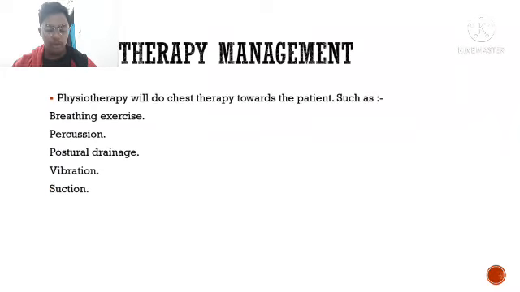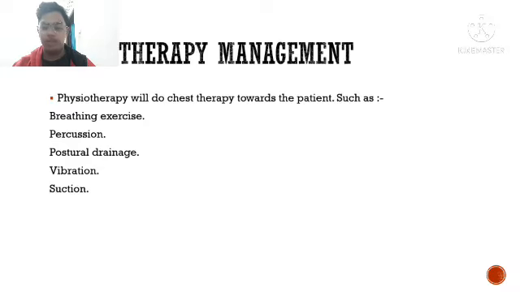For physio management, physiotherapy will do chest therapy for patients who have this kind of disease, such as breathing exercise, percussion, postural drainage, vibration and suction. So that is for bronchopneumonia.